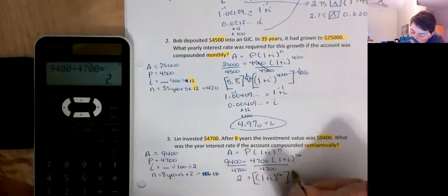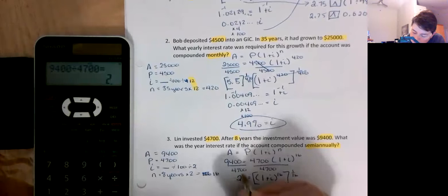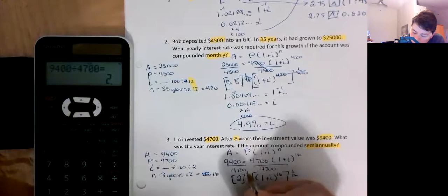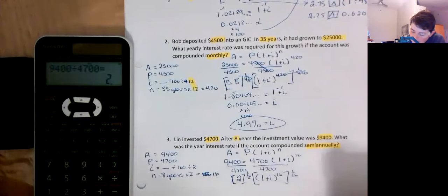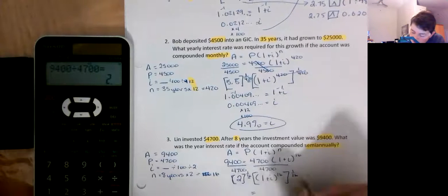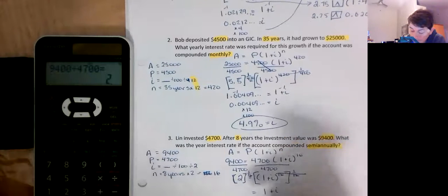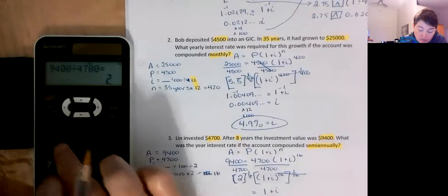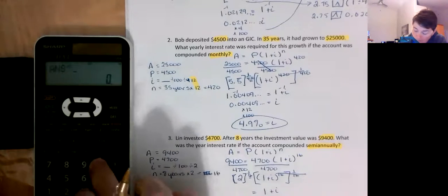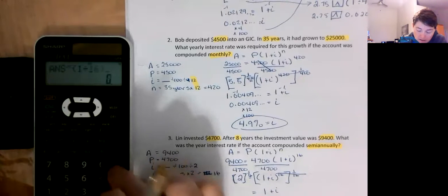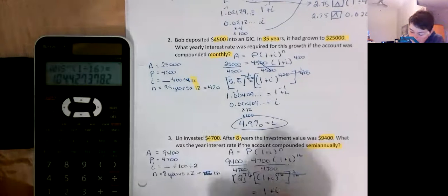Now let's get rid of that exponent. All of this is going to disappear, and I get 1 plus I. Now I go 2, an exponent in brackets, 1 divided by 16. Close my brackets. Boom.